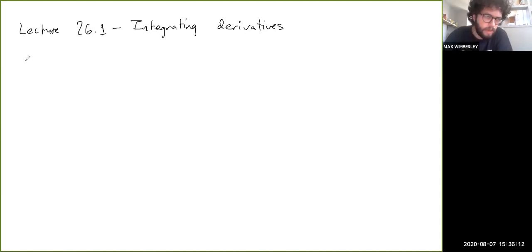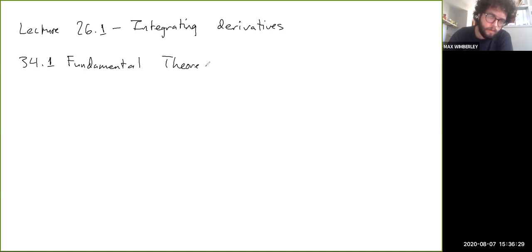Okay, let's state the first version of the fundamental theorem here. So this is theorem 34.1, the first part, fundamental theorem of calculus 1.